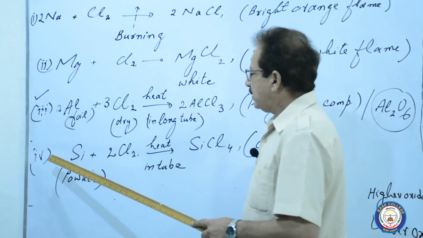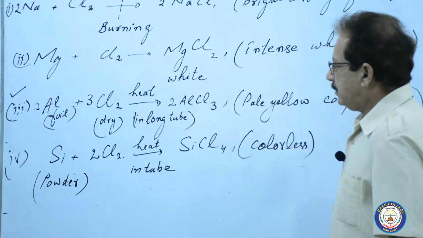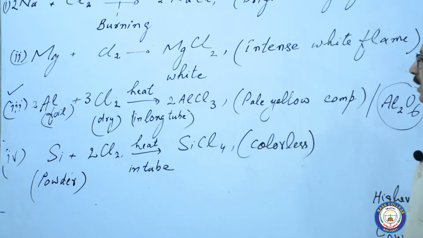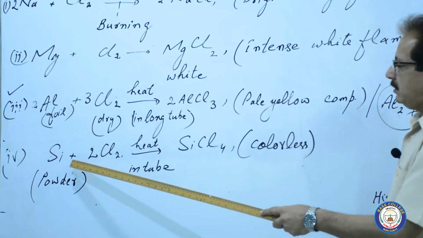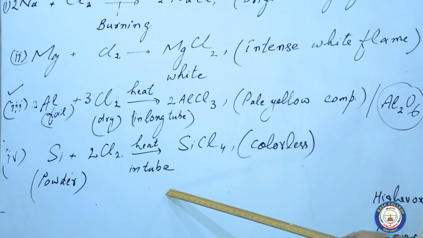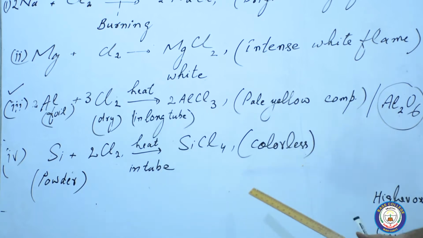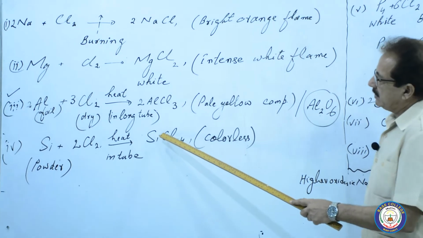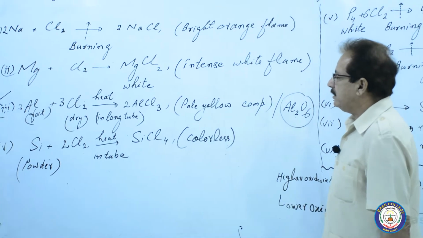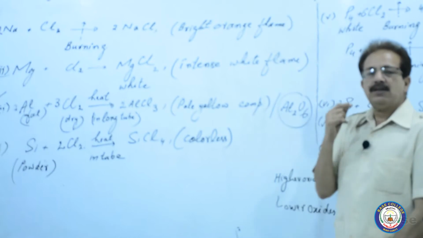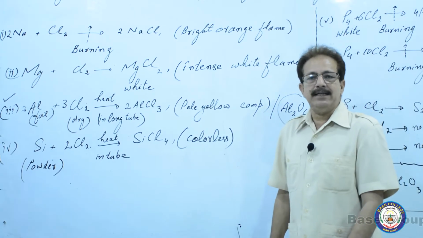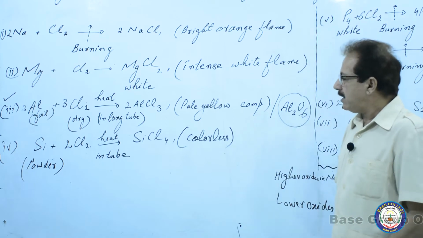Number 4, silicon. This time you will have to take silicon powder along with chlorine, both things in a tube. Then on heating you will get a colorless compound, that is tetrachlorosilane, silicon tetrachloride.